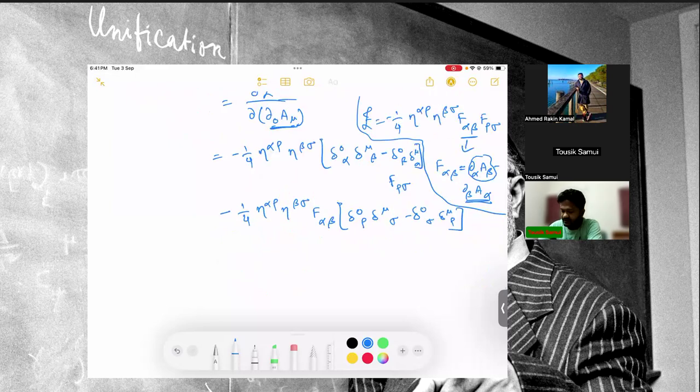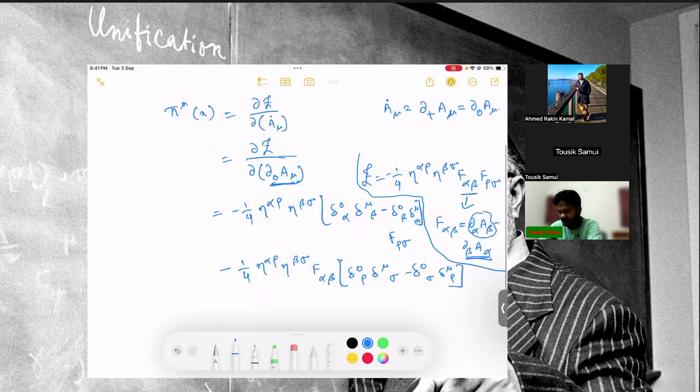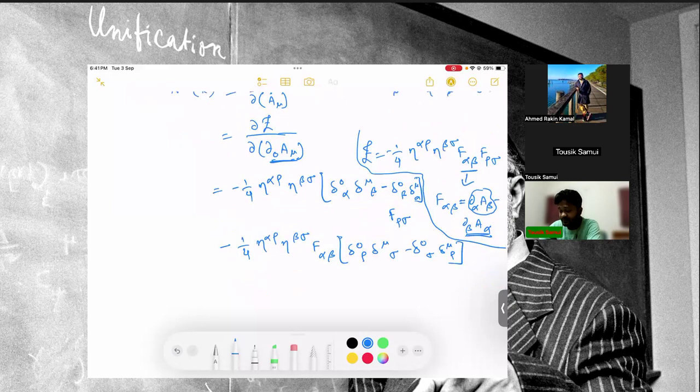And then if we contract now, the repeated indices are summed over. So this alpha and alpha will contract, and then this rho again contracts with this F term.